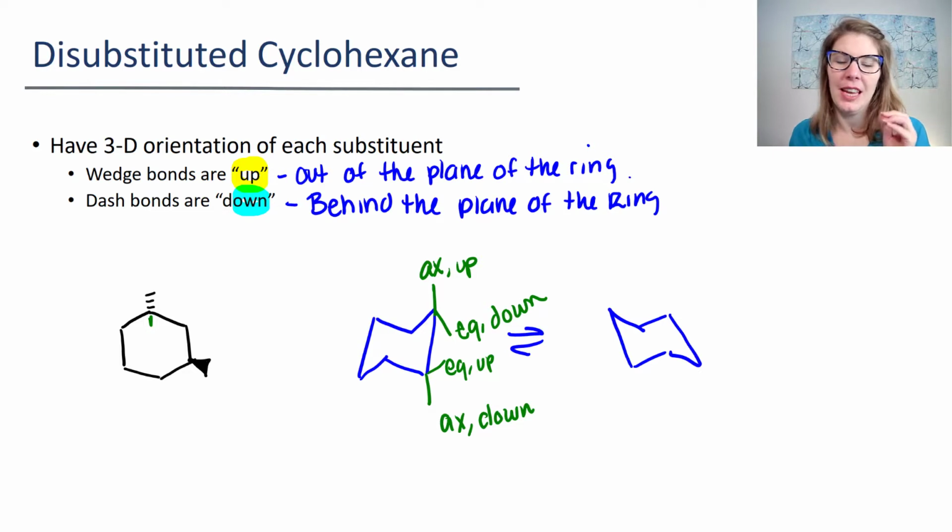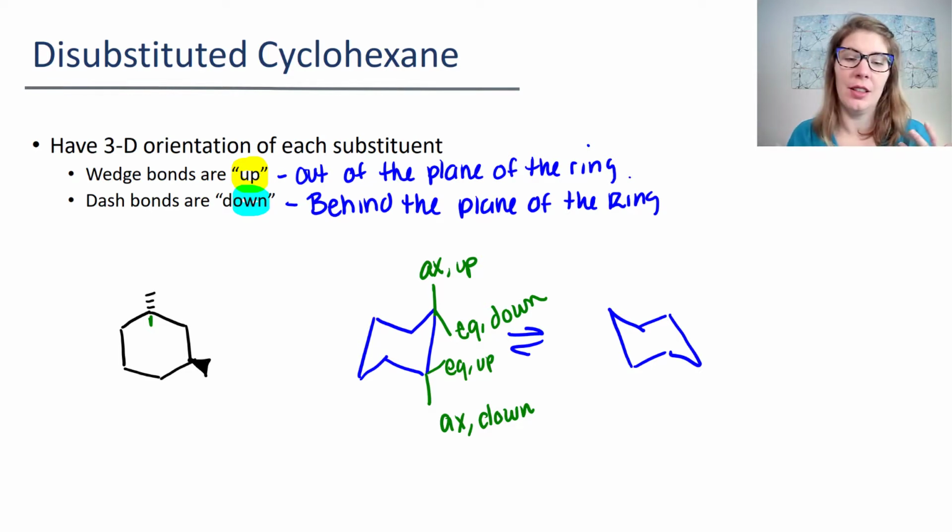Second pattern, if we start where we called carbon number 1 and said axial was up on that carbon, then axial is down on the next carbon, which means axial's up on the next carbon, which means axial's down on the next carbon.